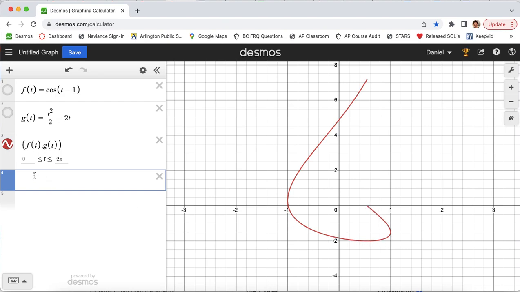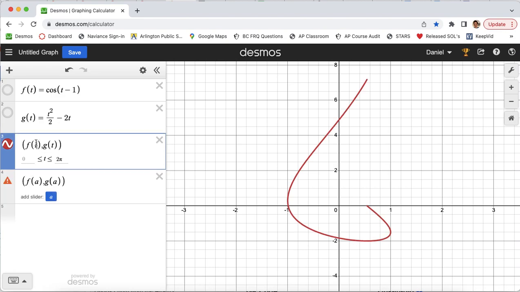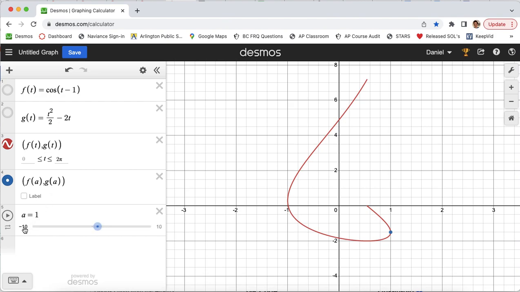So what I'm going to do is graph the same x comma y using my functions f and g, except this time I'm going to use a slider so that I can look at one point at a time instead of calling it f of t, where it'll show me all of the points when t is between 0 and 2 pi. If I use a and make it a slider, it can show me only one number at a time. So I'm going to also make my slider go from 0 to 2 pi.